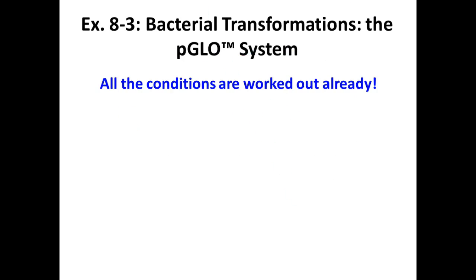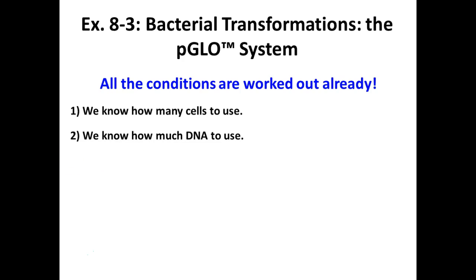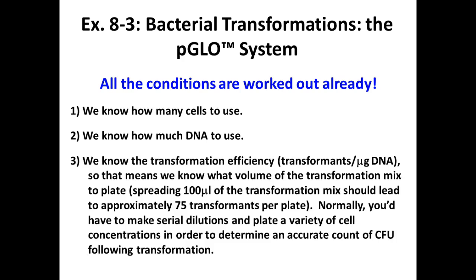So all the conditions have been worked out. Like I said, this is a kit, right? It works just about every time as long as all the pieces are in play. We know how many cells to use. We know how much DNA to use. We know the transformation efficiency, how well this works, so how many transformed cells we'll get per microgram of DNA that we add to our sample. We're going to spread a set amount onto our plates.